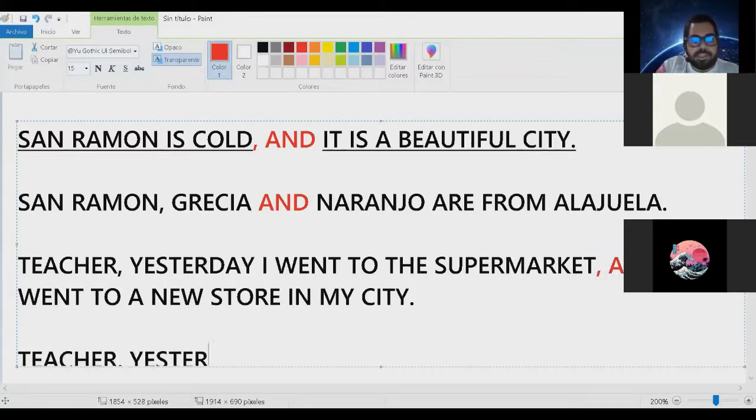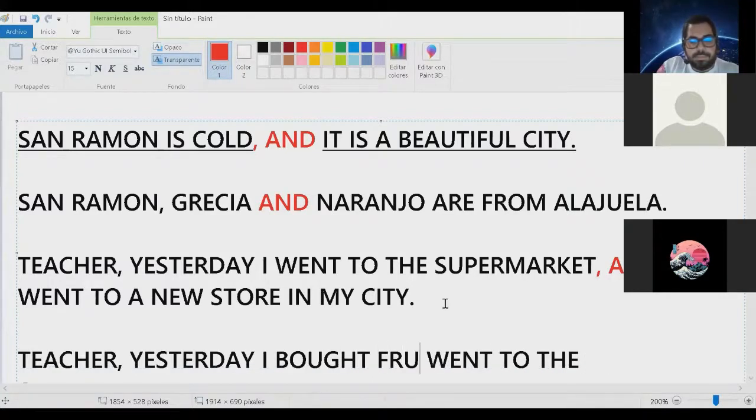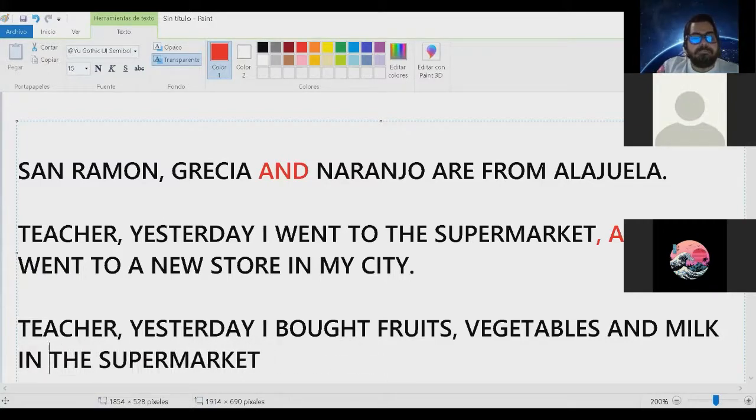Teacher, yesterday I went to the supermarket, okay? Or let me write like this. Look at the difference in there, guys. The same here, we're counting, so we don't need a comma.